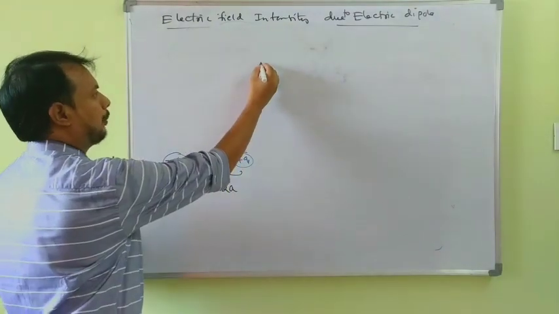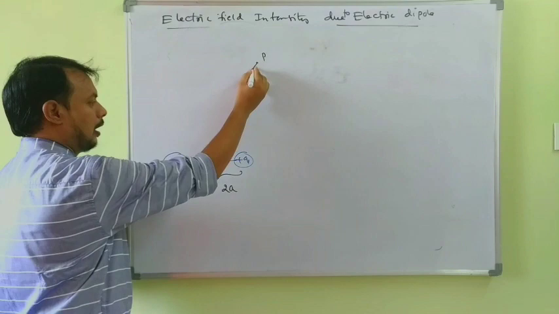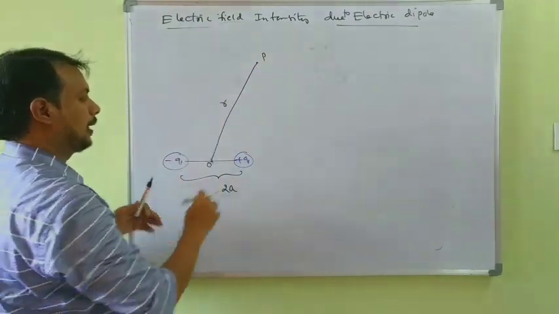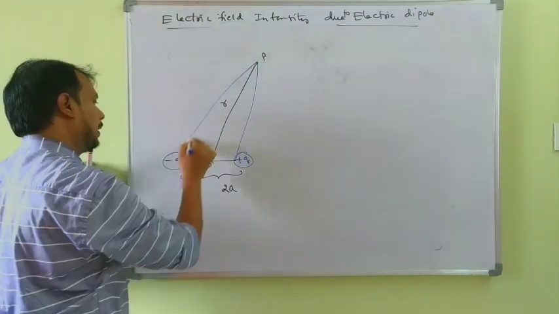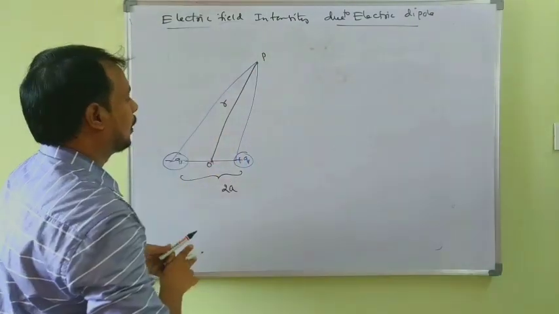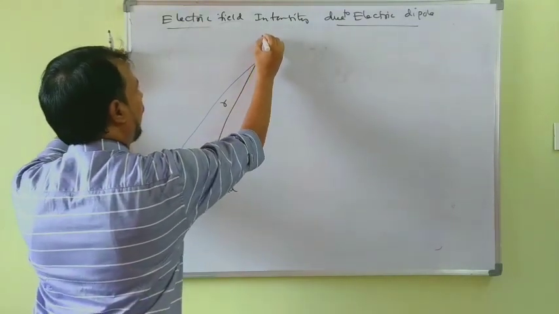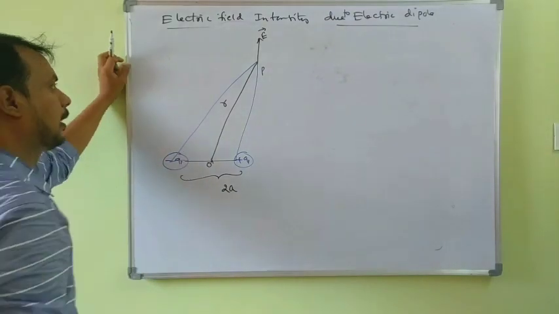Now consider a point P at a distance r from the center, with fields due to the plus q charge and due to the minus q charge. At point P, the electric field intensity is E bar, which we have to calculate.